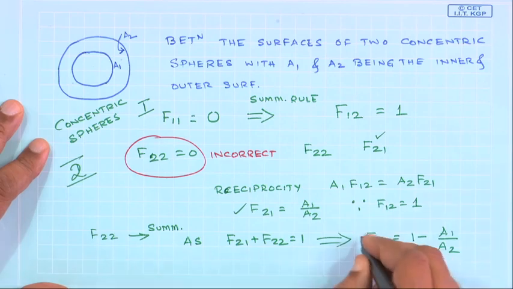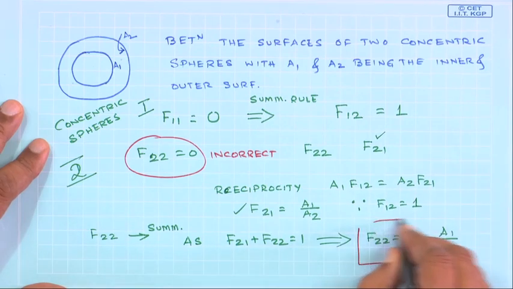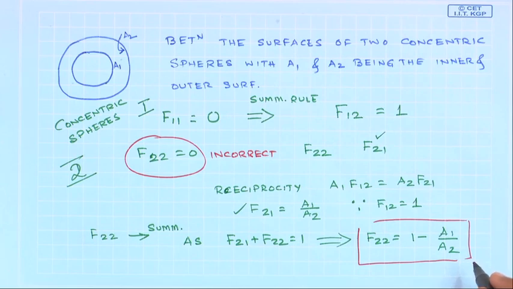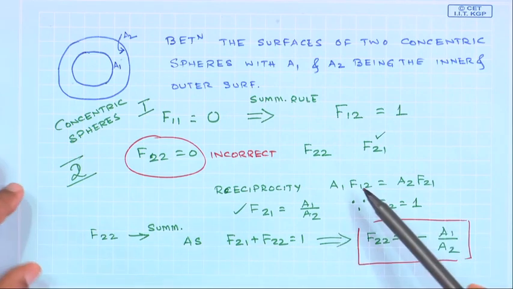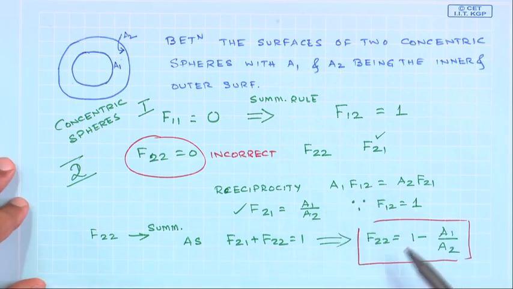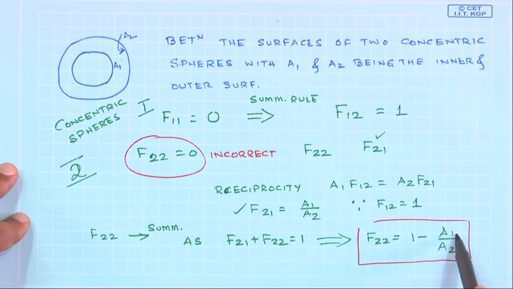So, that is the other relation which I would like to highlight a little bit more. Simple use of reciprocity and summation would give you the value of F22. Now, A1 is the surface area of the inner sphere and A2 is the inside surface area of the outer sphere.